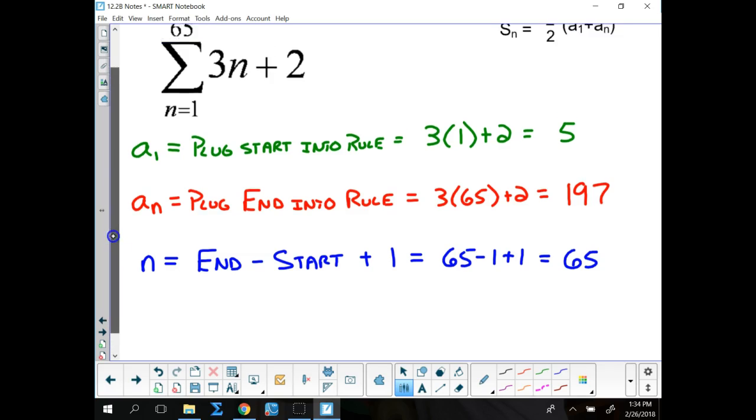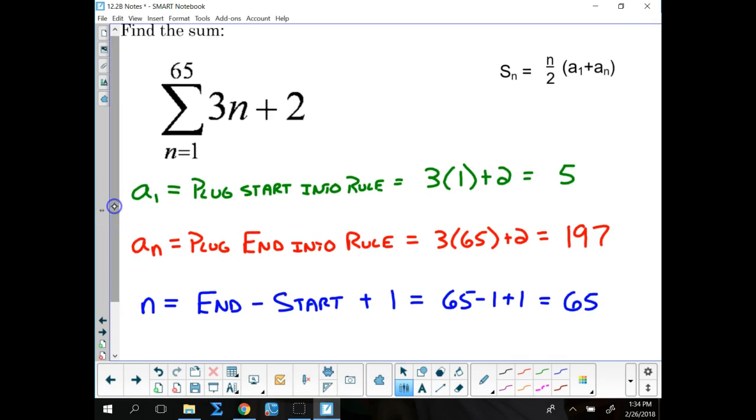So the sum of my first 65 terms is going to equal 65 divided by 2 times 5 plus 197.